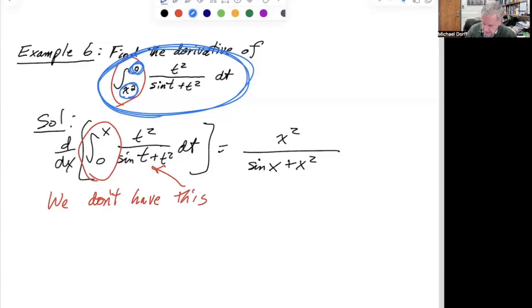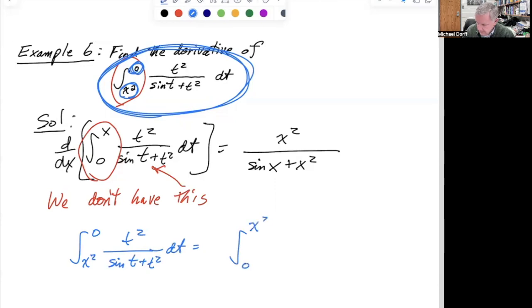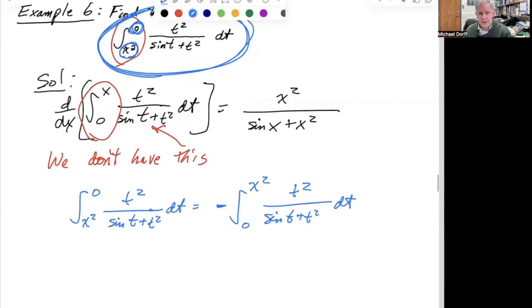So I'm going to write that the integral from x squared to 0 of t squared over sine t plus t squared dt is the same thing as the integral from 0 to x squared of t squared over sine t plus t squared dt if I put a negative in front. I can switch the limits on the integral if I put a negative out front.